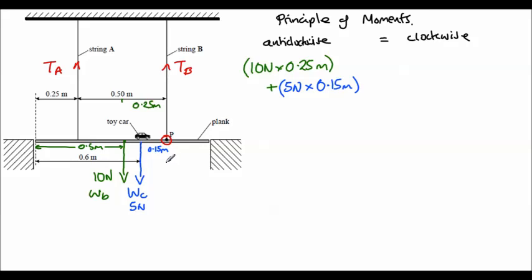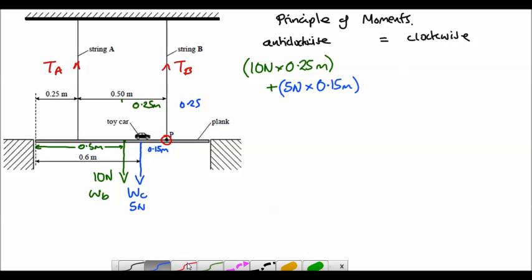Again, you can see that if that is 0.6 and that we know is 0.25, they add together to make 0.85, so the last little bit in there is 0.15. It's just adding up.